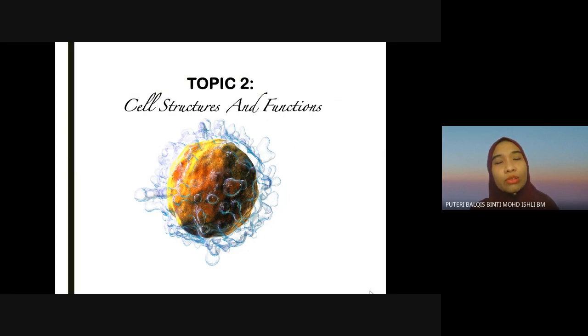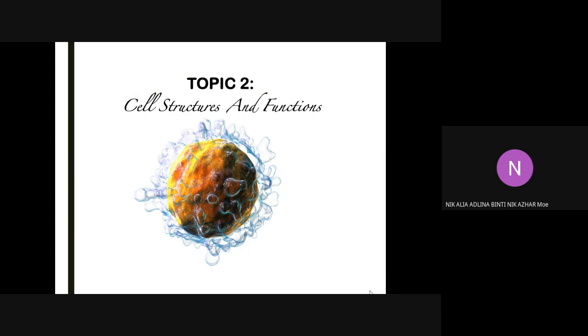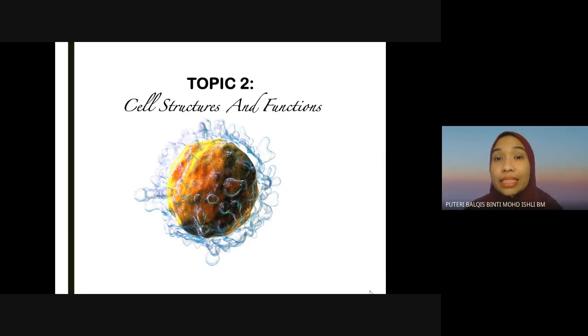Ada yang dah jawab. Nanti saya check sekejap lagi. Habis kelas ni saya check siapa yang tak jawab lagi. Tolong jawab. Ada soalan baru ke, madam? Lipid. Describe structure of lipid. Triglyceride.